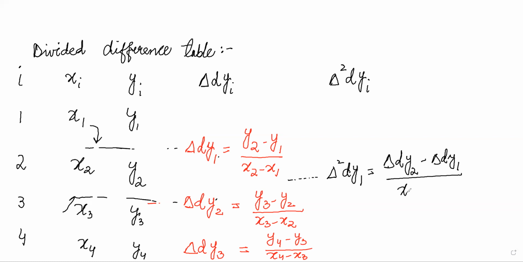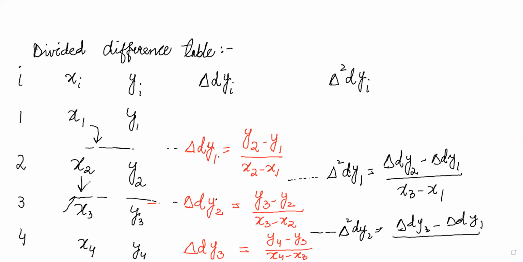In the same way, delta 2d y2 is written as delta d y3 minus delta d y2 divided by, delta d y2 is after x2, and delta d y3 is before x4, so it will be x4 minus x2.